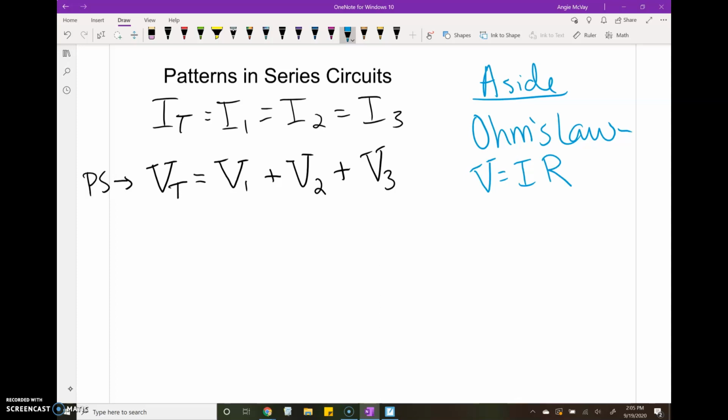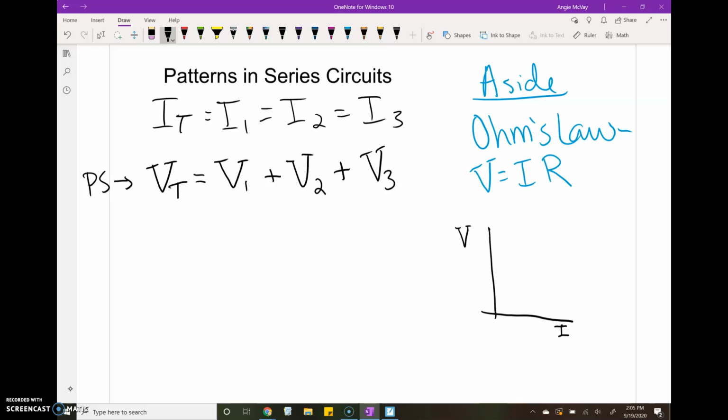Okay. There are some resistors that are non-linear, that don't follow this law. And so primarily for our studies, we'll be looking at resistors like light bulbs or other devices that are considered ohmic. Okay.